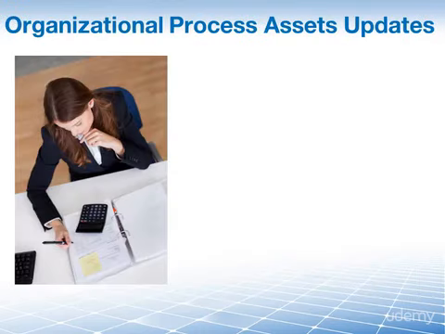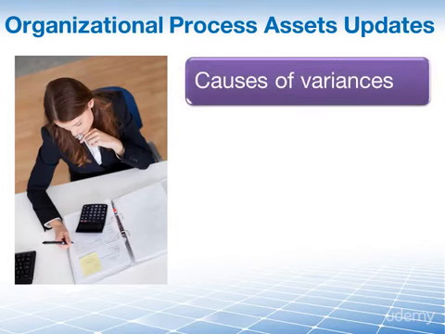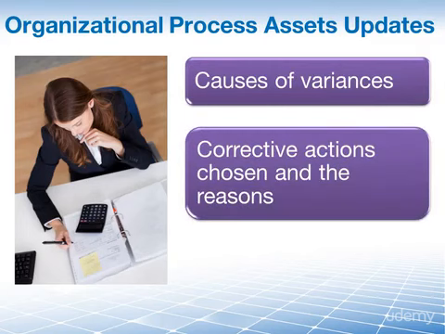In regards to our final output, the updates to the organizational process assets, we're mainly talking about things like causes of variances as well as corrective actions and the reasons why specific corrective actions have been chosen. Of course, these two items in themselves are not organizational process assets, just information that needs to go into your organizational process asset.